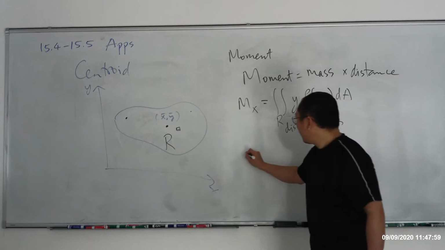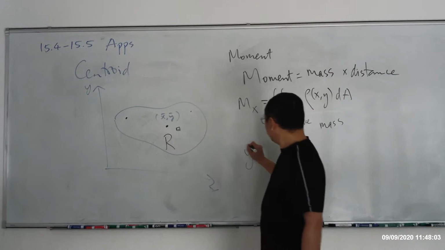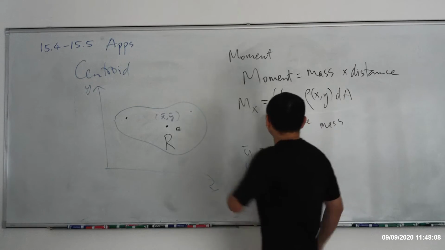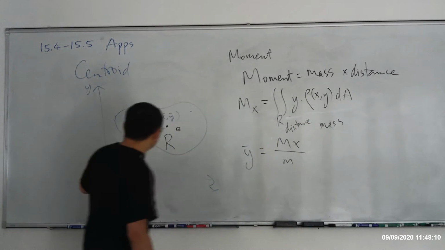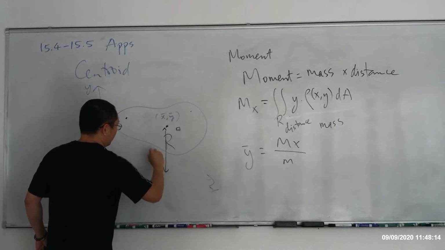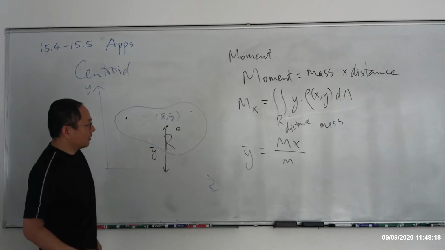And then you can calculate y bar. Okay, y bar is Mx over the little m. This is the moment with respect to the x-axis. Okay, so this is y bar. Calculate the moment of the whole thing divided by the mass of the whole thing. Because in average, what?